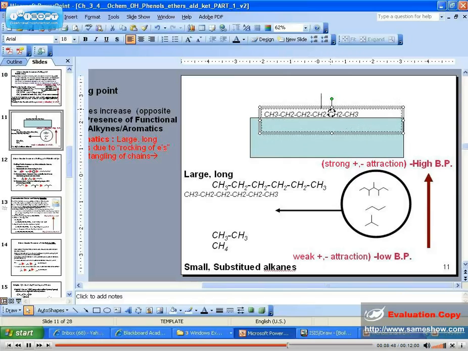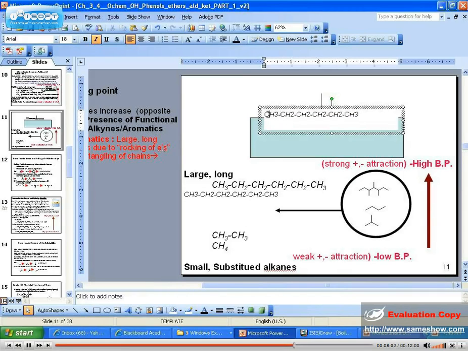It turns out on a molecular level, a rocking effect occurs when it comes to electrons. So the longer the hydrocarbon, the more the electrons will rock backwards and forwards.